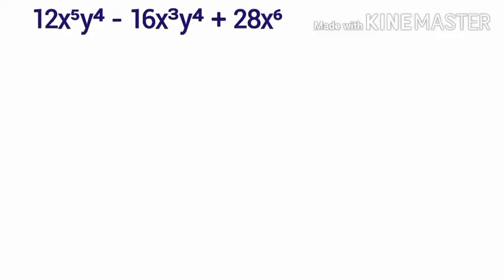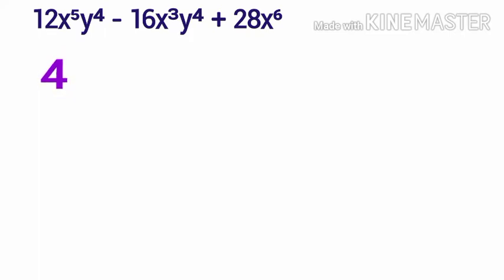Now, let us factor the second expression, 12x to the fifth power, y to the fourth power, minus 16x cubed, y to the fourth power, plus 28x to the sixth power. First, let us find the greatest common factor of the numerical coefficients, which are 12, 16, and 28. And its GCF, or greatest common factor, is 4. Next, look for the variable which is common to this expression.